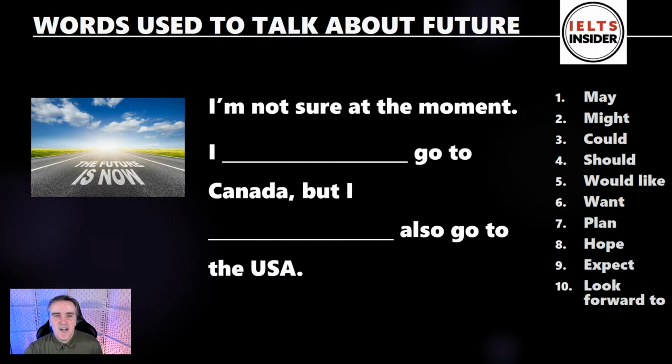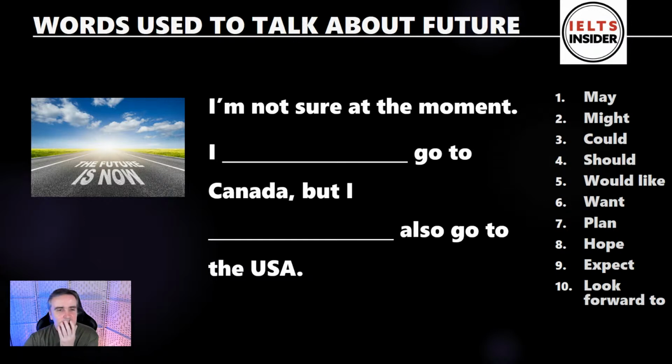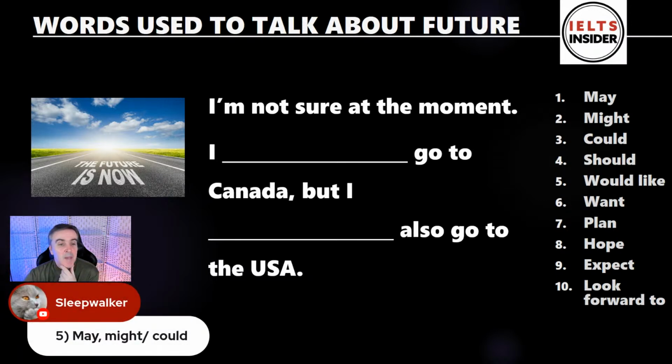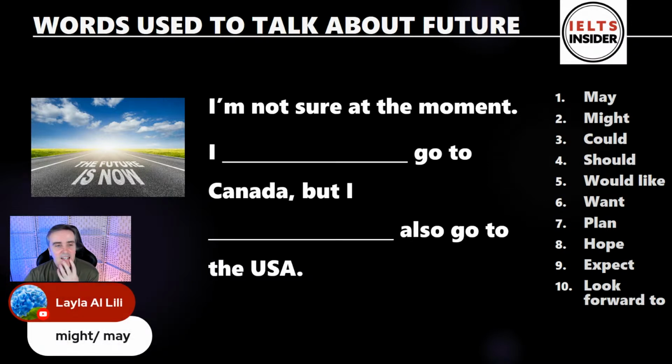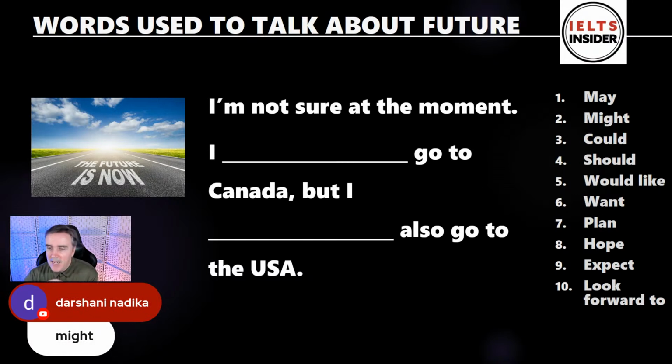So let's write your answers in the chat and see what we come up with. Sleepwalker is saying may, might, and could. Layla is saying might and may. Darshani is saying might. Lavanya is saying could. Zakaria is saying may and might. Salma, may and might.